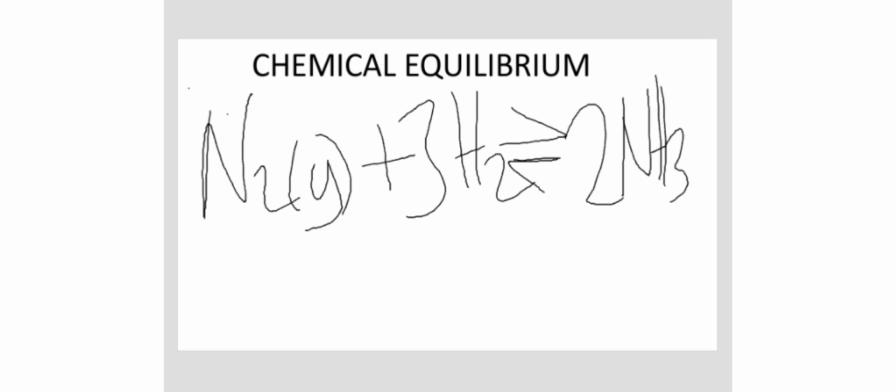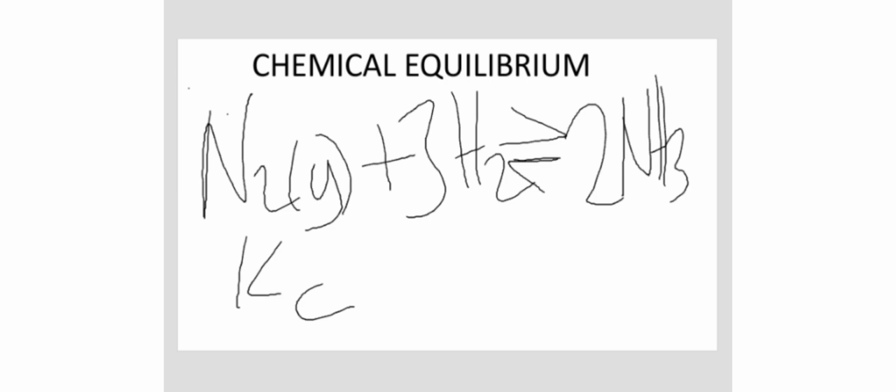It helps us to answer: are there more products or are there more reactants? Let's start with Kc, which is the equilibrium constant in terms of what? In terms of concentration. So you'll be seeing this one, which is Kc.